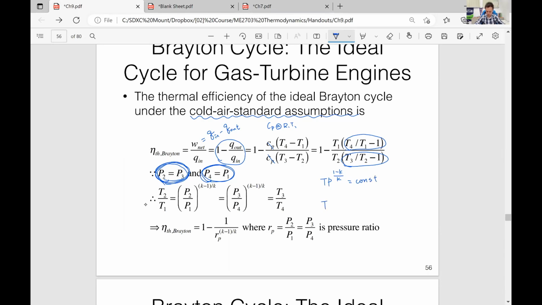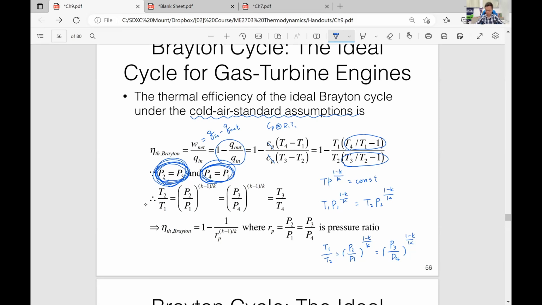So this should be T1 P1^((1-K)/K) equals T2 P2^((1-K)/K). So T1 over T2 is P2 over P1 to the (1-K)/K. Then P2 is the same as P3, and P1 is the same as P4.